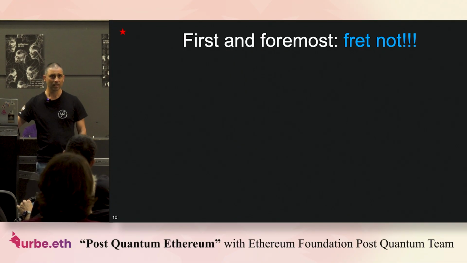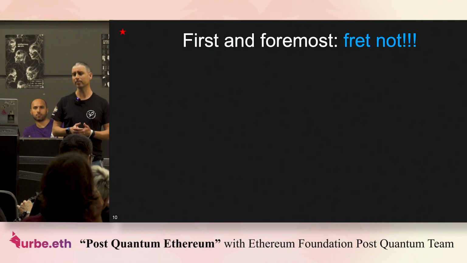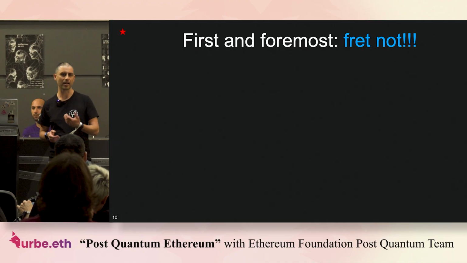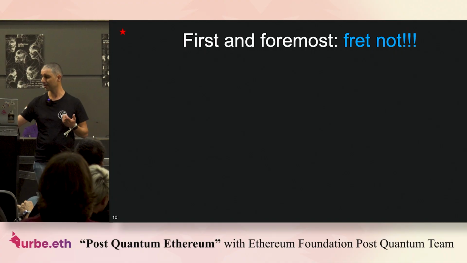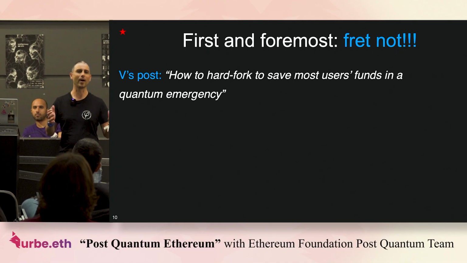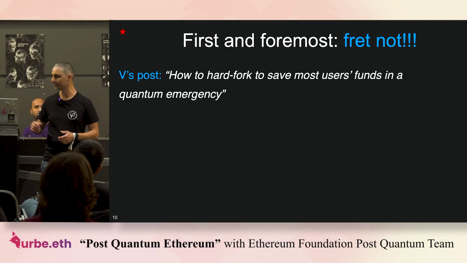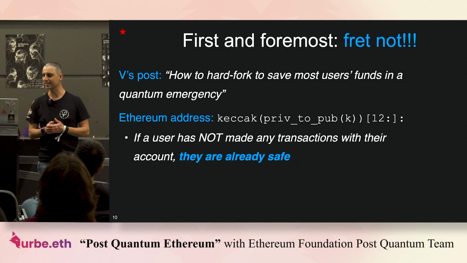Now, of course, if I tell you quantum computers are going to break Ethereum completely because Ethereum is based on elliptic curves, you might panic. But the first thing to say is do not worry too much for now. And there is one simple thing that you can do.